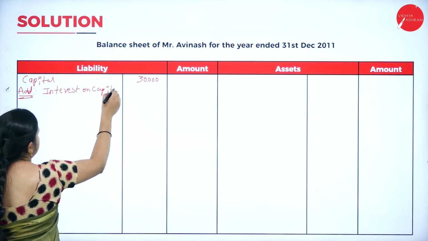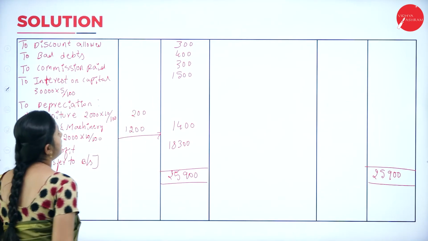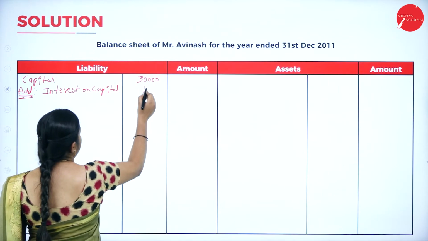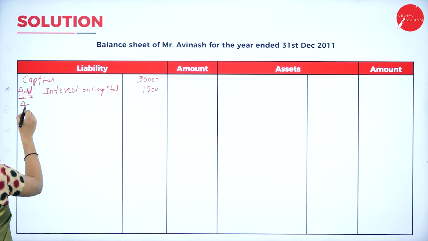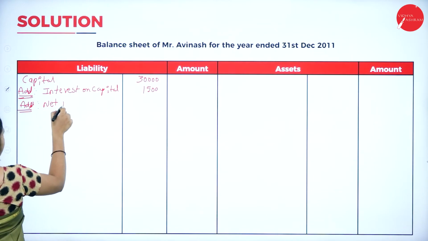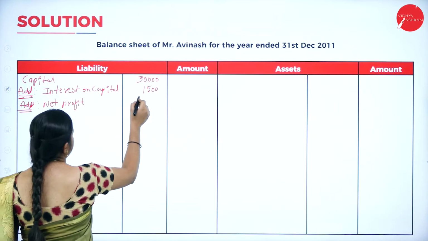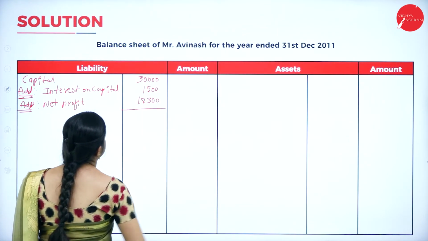Add interest on capital. Interest on capital rupees 1,500. Again, we have net profit. Add net profit. Net profit is 18,300. Just make a total.